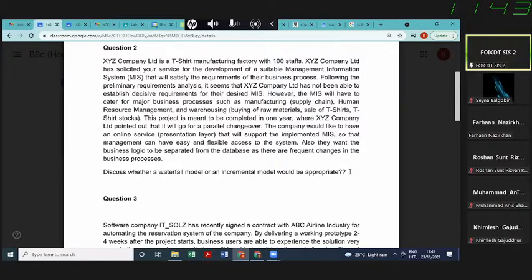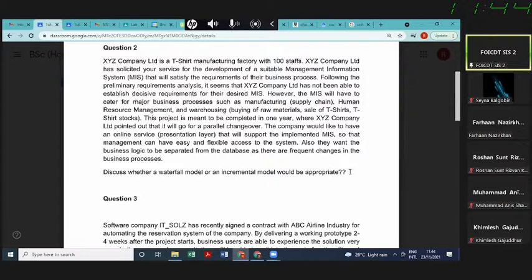How you answer a question normally depends on the number of marks. For example, if you ask, do you think a waterfall model is correct or incremental, and the question is on 10 marks, but you write only "incremental is more correct", you're going to get 1 mark.